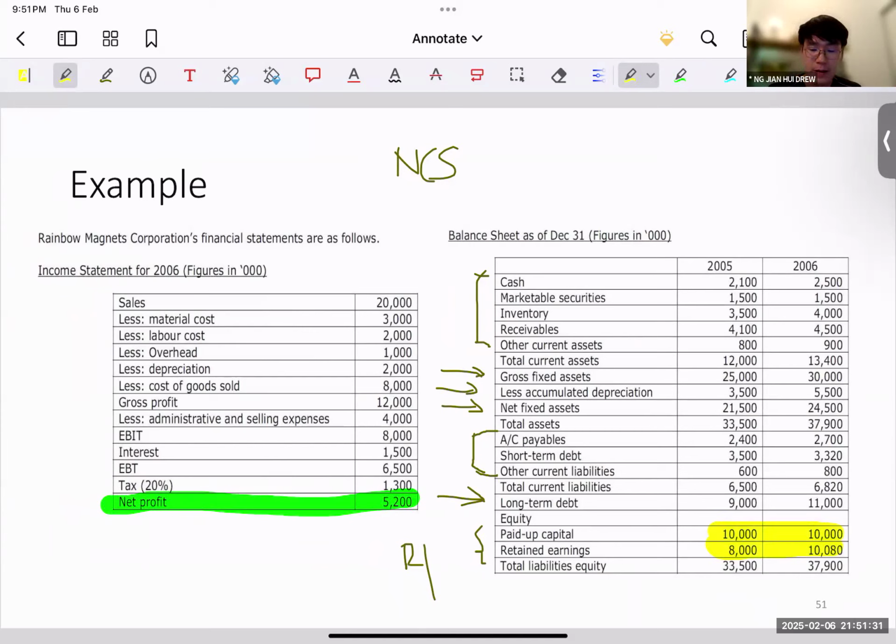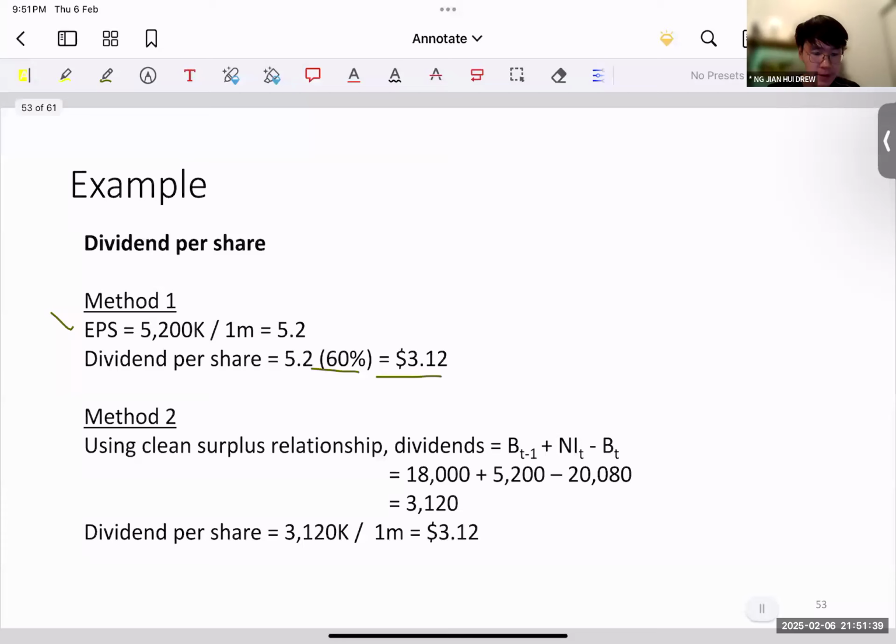Book value of equity, and again our net income here. Right? So we take the book value of equity of last year, minus book value of equity this year, plus any net income, and this gives us our dividends of this. Then divide by 1 million, we get the dividends per share.